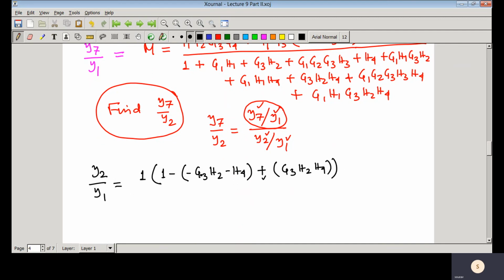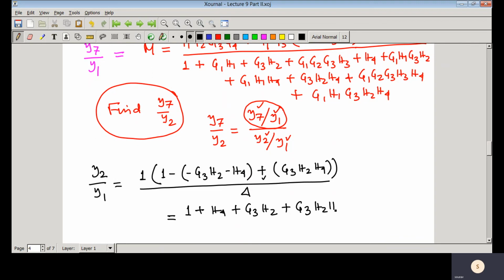There are no three non-touching loops, so delta ends here, and the same delta will be in the denominator because you have the same signal flow graph. So y2 by y1 is equal to 1 plus H4 plus G3H2 plus G3H2H4 divided by delta.